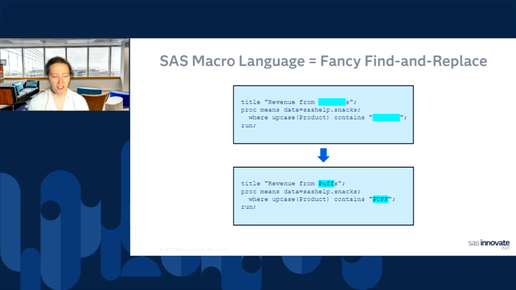But one of my colleagues pointed out that it can do more than just find and replace. In the example here, we've got Puff in proper case, so the first letter is capitalized and subsequent letters are lowercase. And then the second instance, PUFF, ends up in all uppercase. So it's find and replace, but a little fancier.